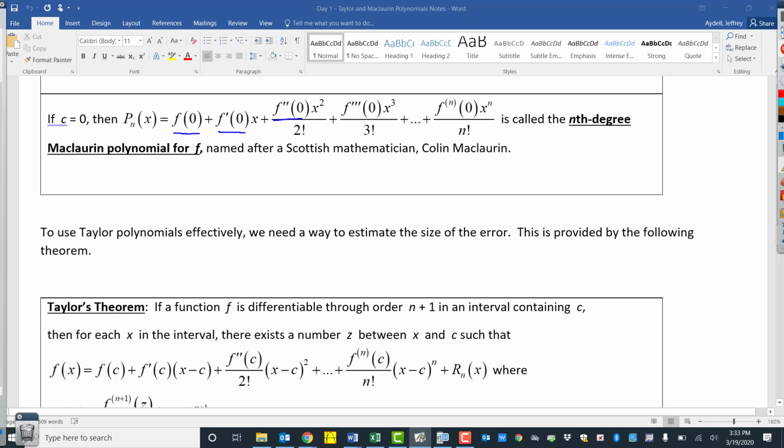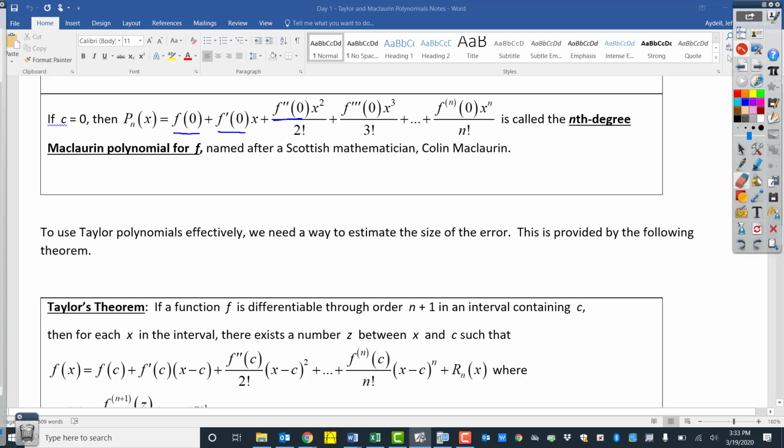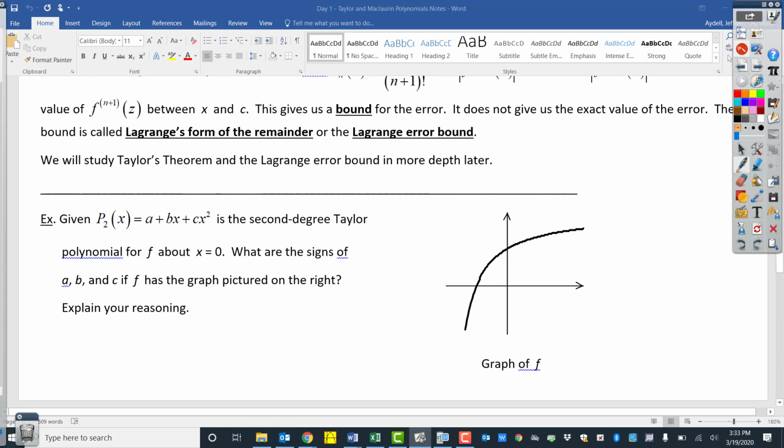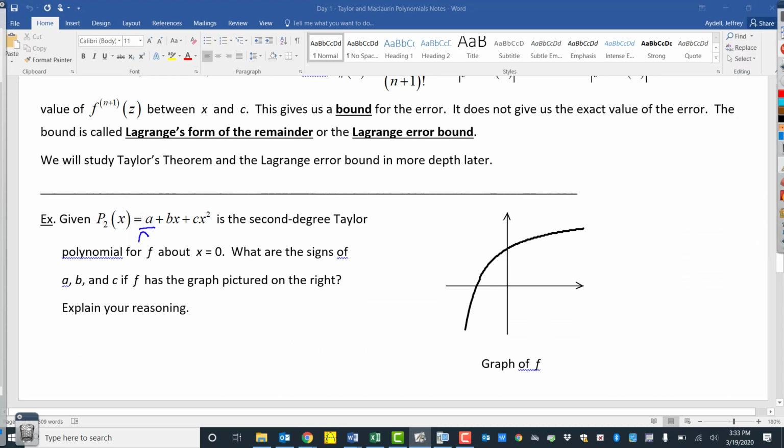So we're looking for the signs of these 3. That means A, this first number here, has to be, and I'm going to try to be really precise with this, f of 0. I'm running out of space, so I'll write this under here. So A has to equal f of 0.